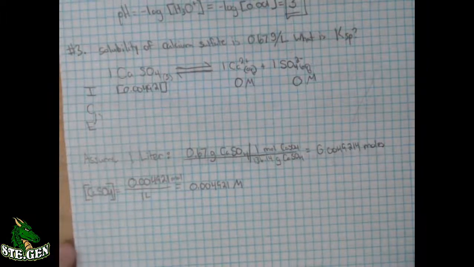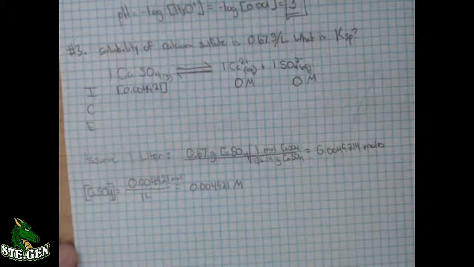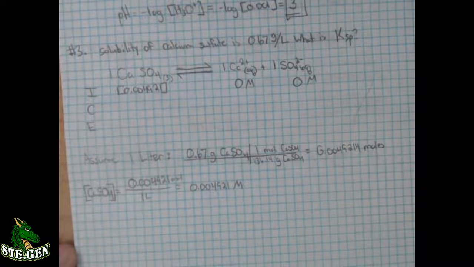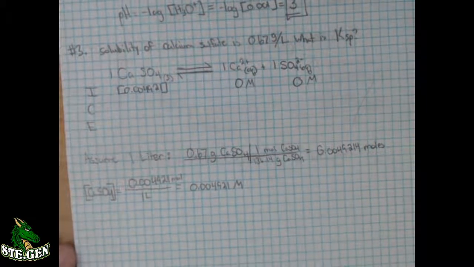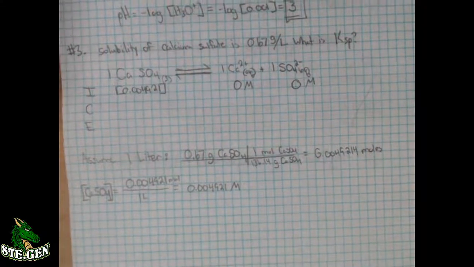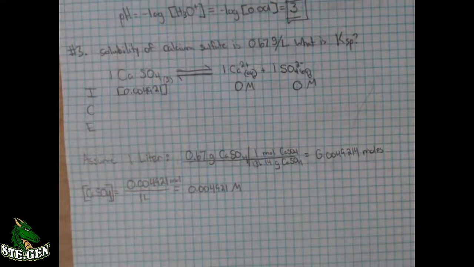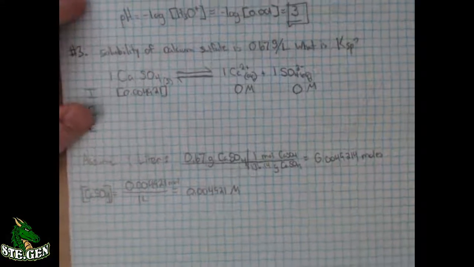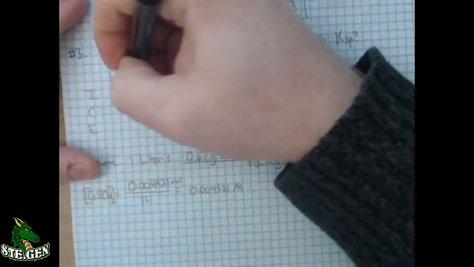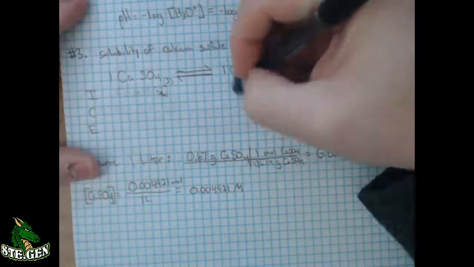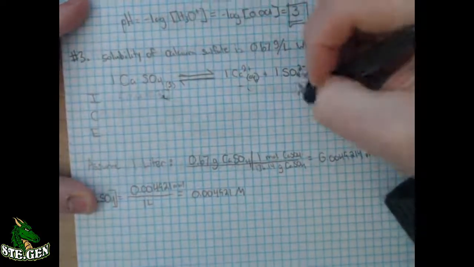Now that we have a molarity, it's literally the exact same process that we have been doing. So if we know, hold on a second. Okay, that's what I get for trying to jump into a problem without double checking my work ahead of time.